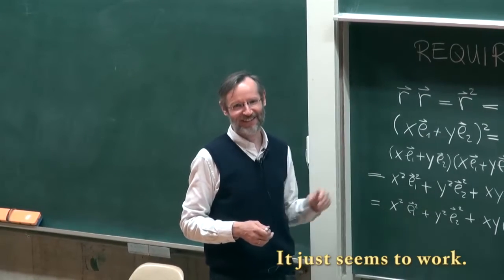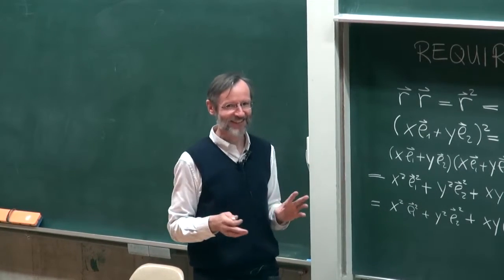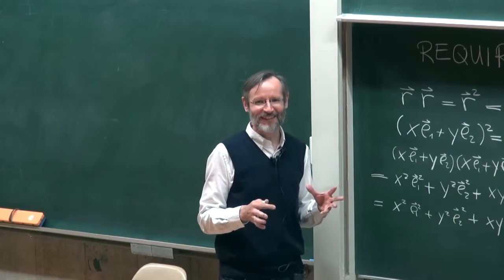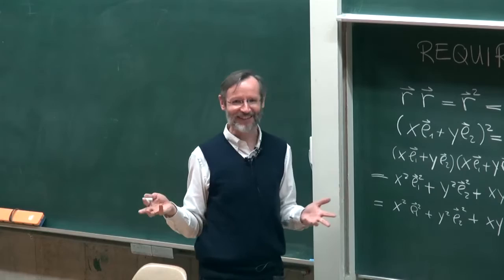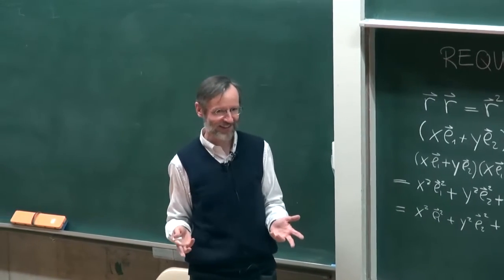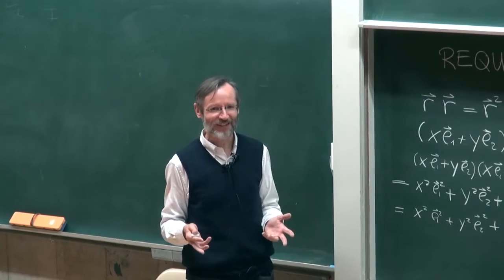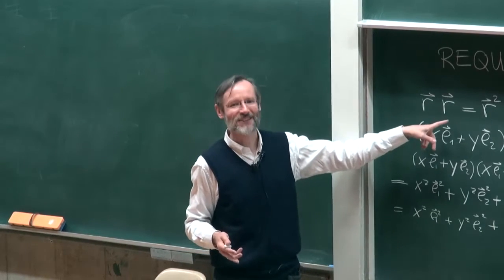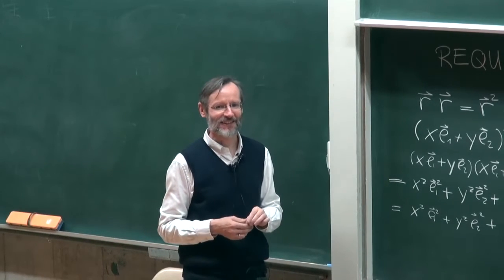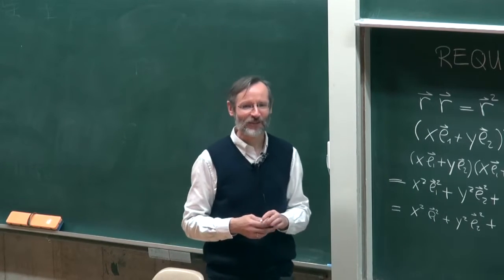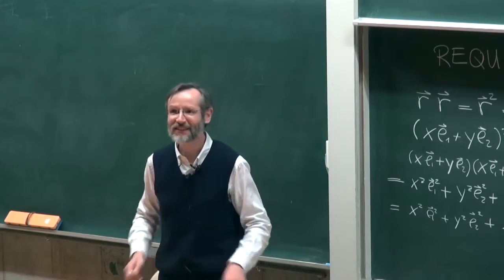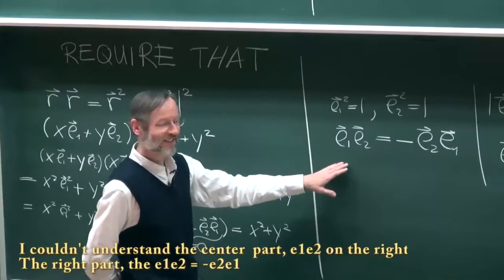It seems to work. It's an arbitrary setting or axiom by the human mind to say the new product we introduce should have this property. We request that. Okay, this was a very fundamental, very good question. Any other question? Here. Yes.